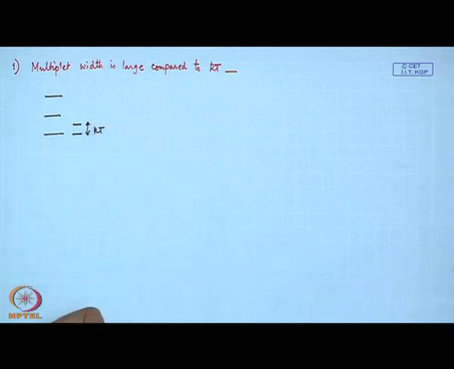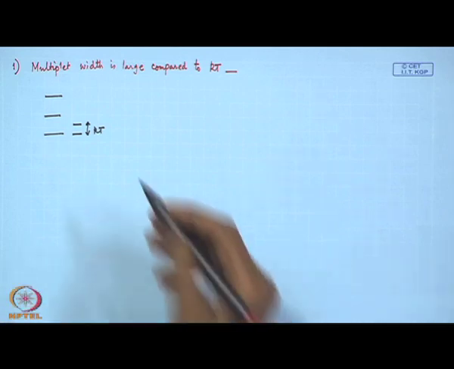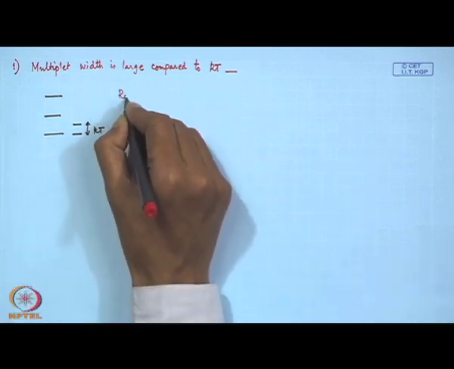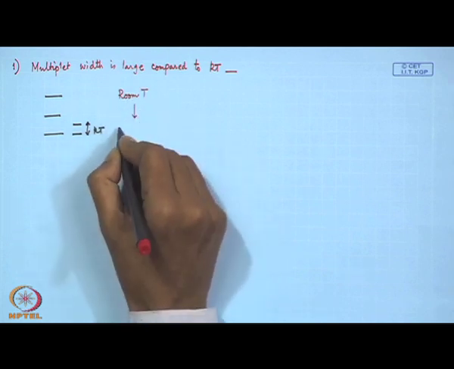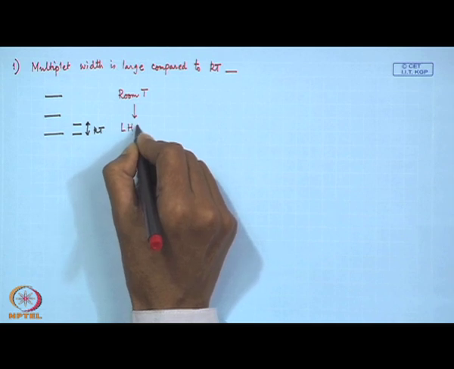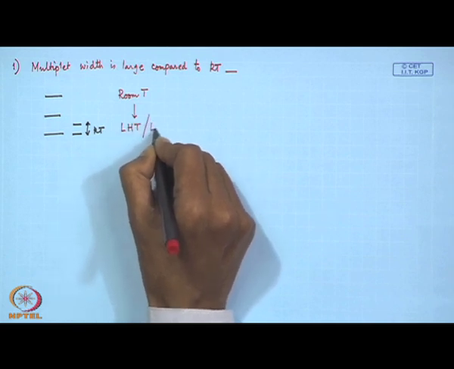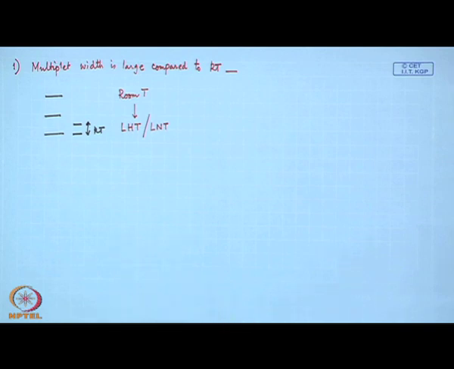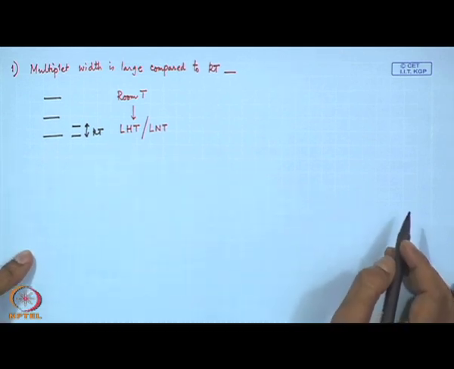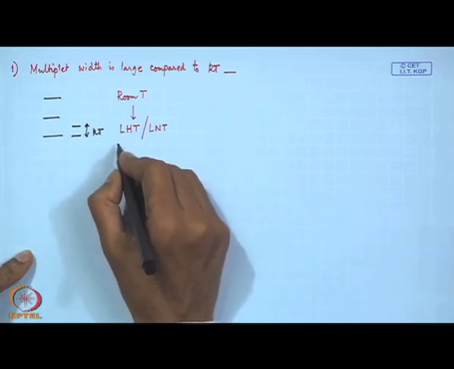So, with the thermal energy available, say we are measuring the magnetic moment from room temperature down to liquid helium temperature or liquid nitrogen temperature. These temperatures are useful for determining magnetic moments at low temperatures.